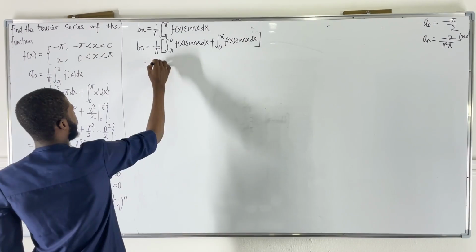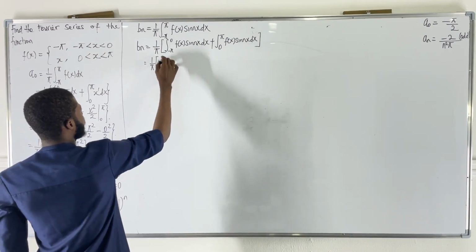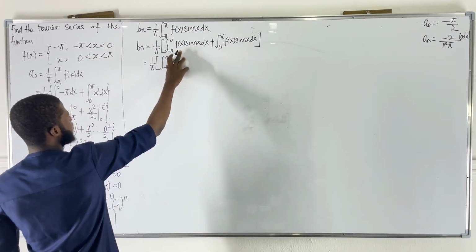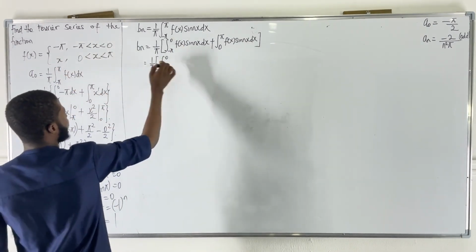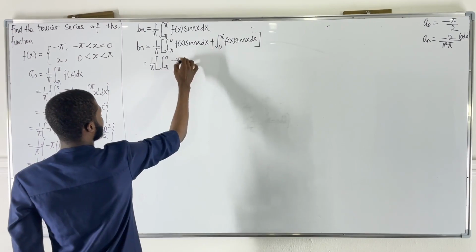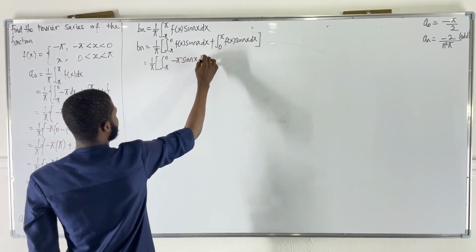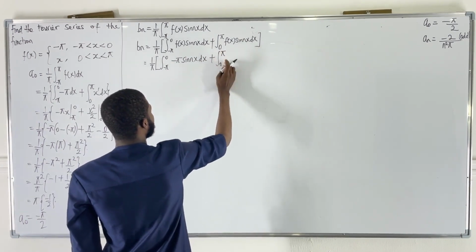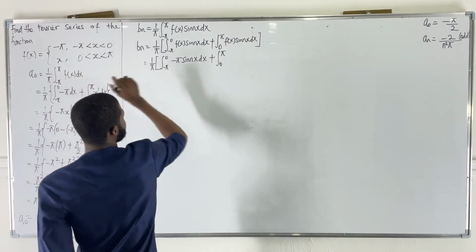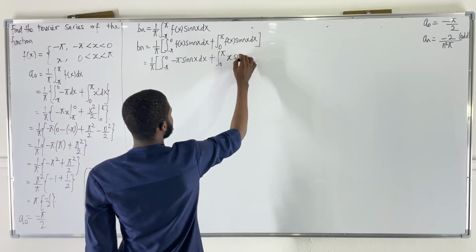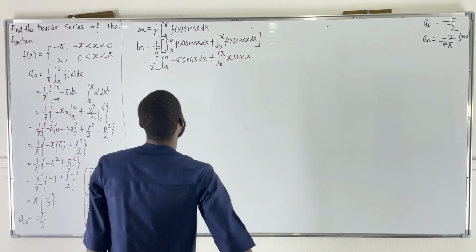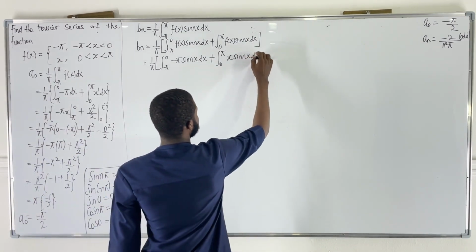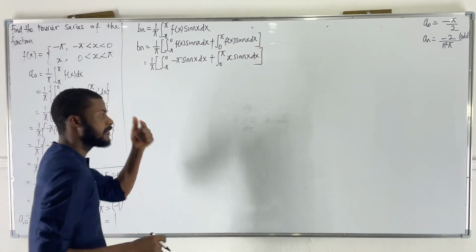Now this will become 1 over pi, integral from minus pi to 0. Now this f of x, if you look at this interval, the f of x here is minus pi. So you have minus pi sine nx dx plus integral from 0 to pi. Now from 0 to pi, it was x, so this will be x sine nx dx.